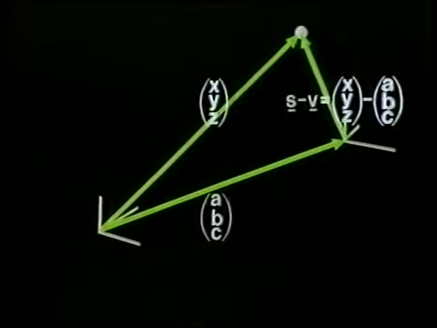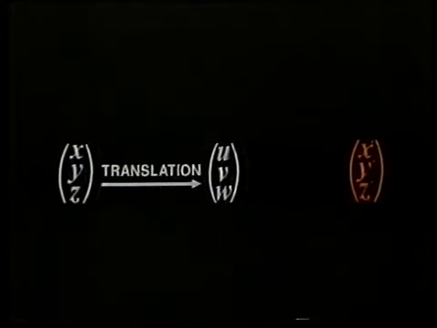That's the result of the translation. But we're trying to get from x, y, z to the new coordinates x dashed, y dashed, and z dashed. We've just done the translation. That's given us coordinates u, v, w, which are simply x, y, z minus a, b, c.